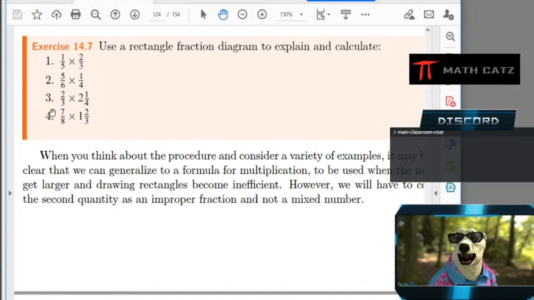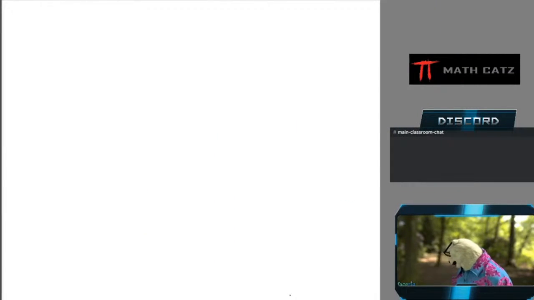Then the intuitive interpretation of the multiplication is to take a portion of that second quantity, whether the second quantity is big or small, it doesn't matter. But that's not all of the variations that we can see.